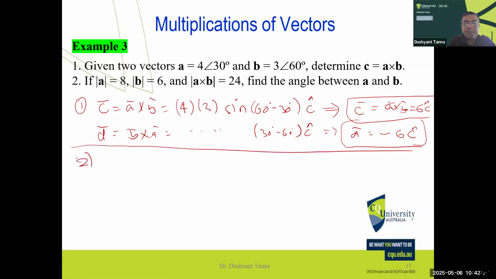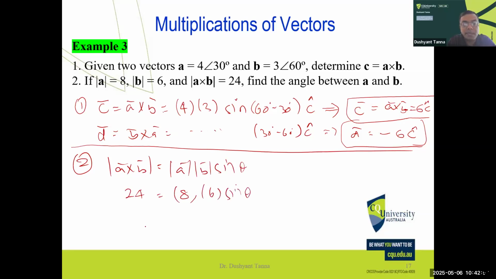Okay, the second one. We want the angle. So you can start like this. Vector A cross D is equal to magnitude A, magnitude B, sine theta. This is 24, 8, 6 sine theta. And therefore sine theta is half.